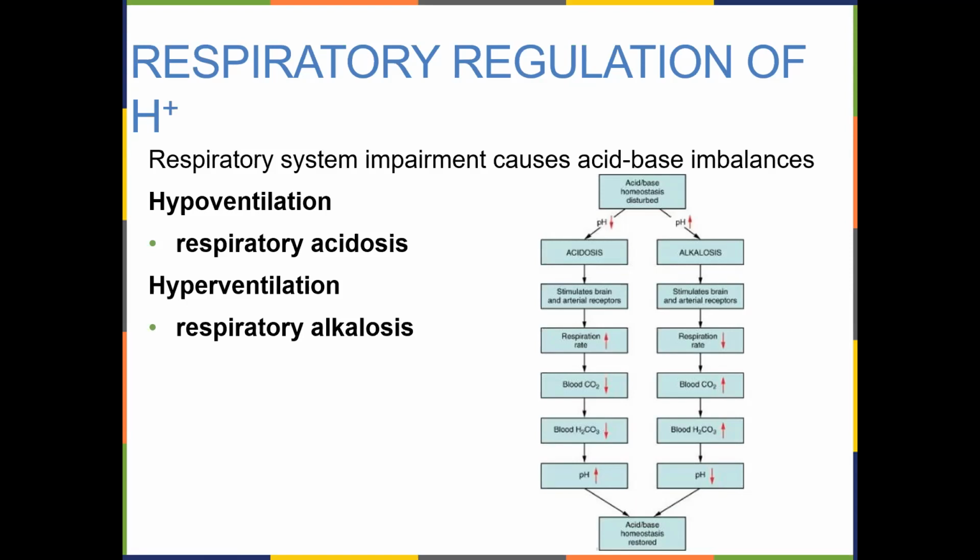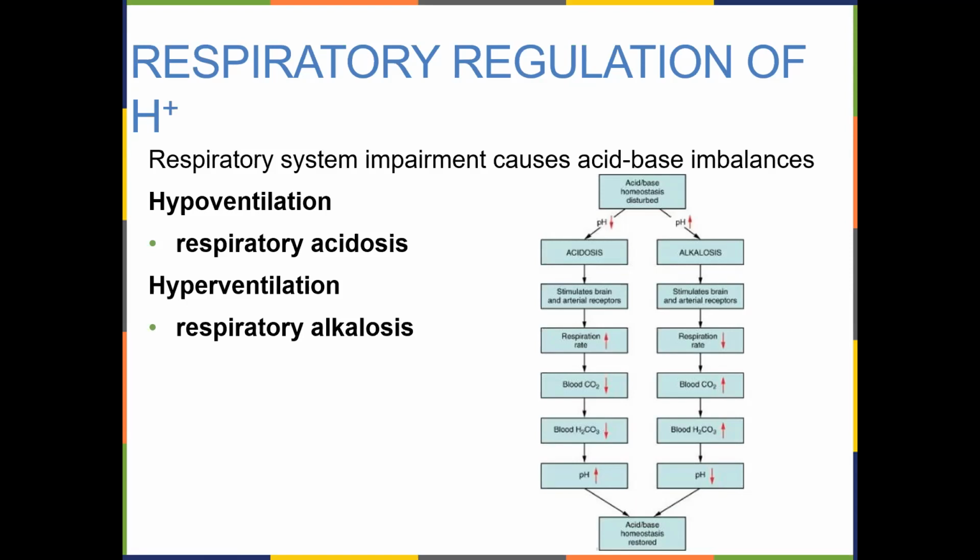Now, the other side of this is hyperventilation. You're breathing too fast. You're breathing 20 or 30 times a minute. You're panting, for example. That hyperventilation blows off the CO2 too fast, and you develop respiratory alkalosis. So you can either be in respiratory acidosis or respiratory alkalosis.